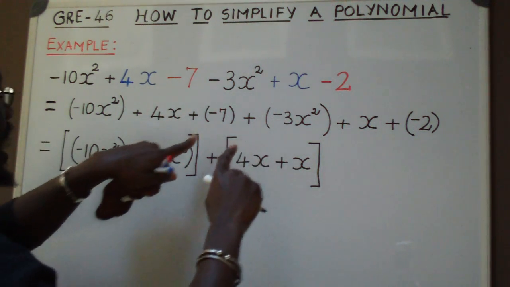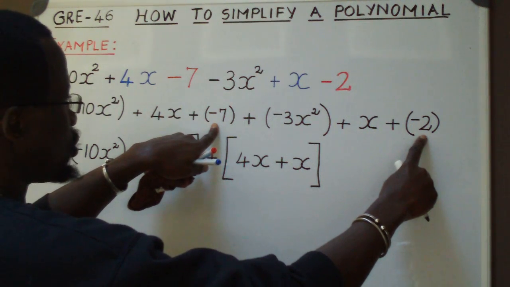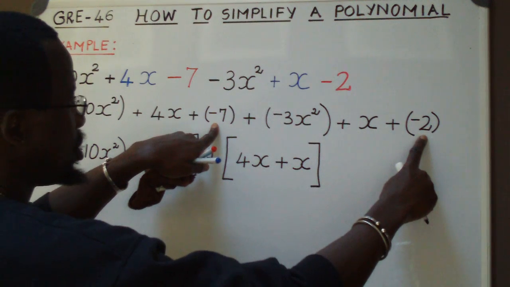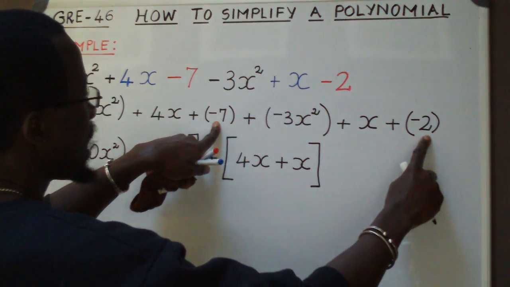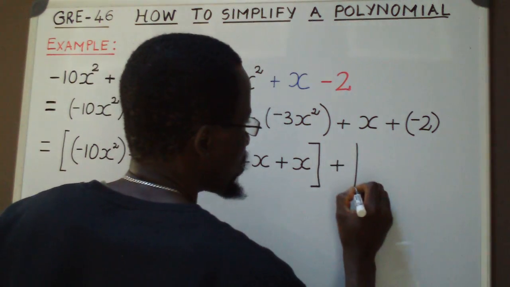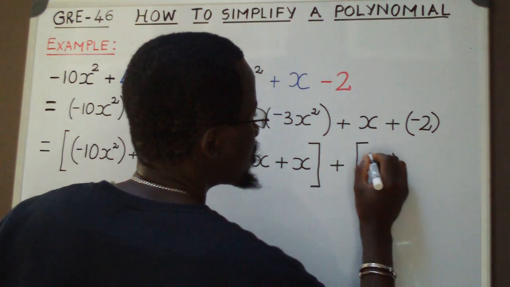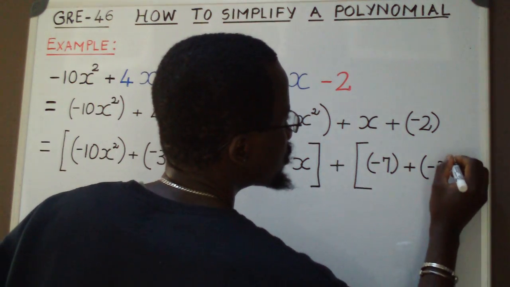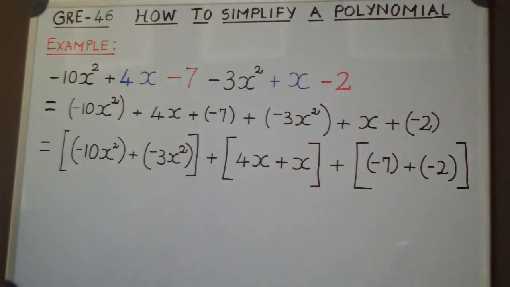So all I'm left with now are these two terms here. Because neither of them contains a variable, the two terms here are also like, okay, and because they are like, I'm going to group them together in another square bracket. So here I have negative 7, okay, plus negative 2, okay. So this is what I have now after grouping all the like terms together.